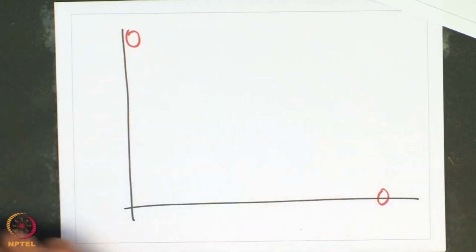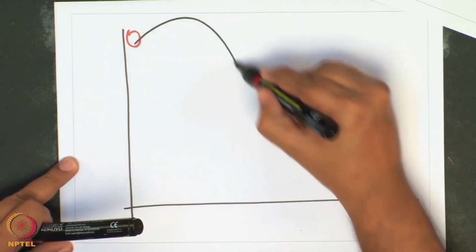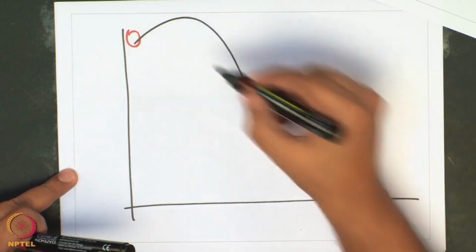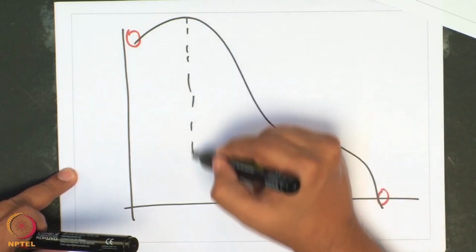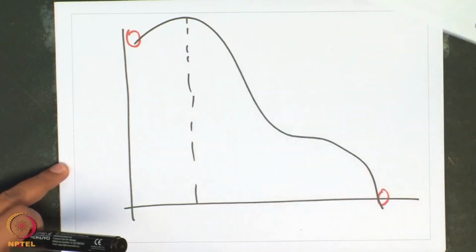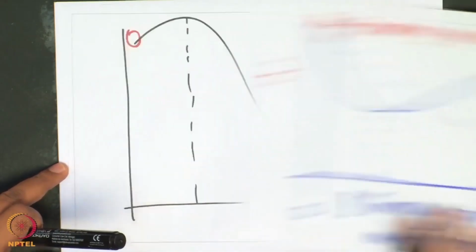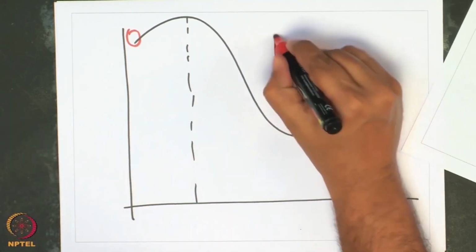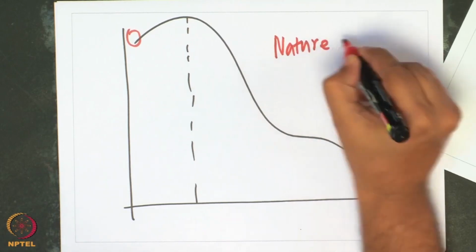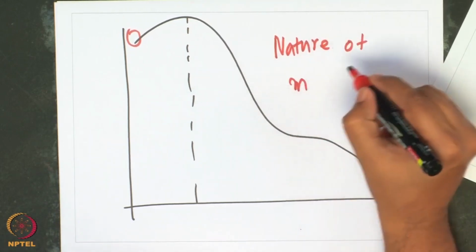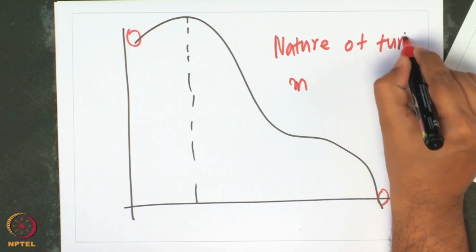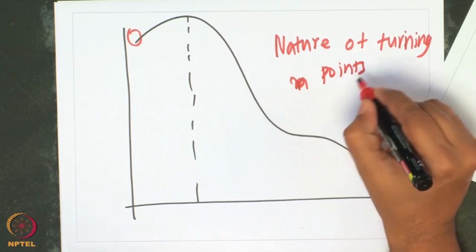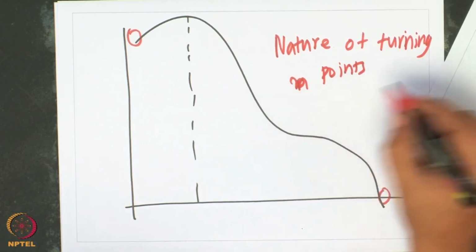Instead of like this, I might have the function like that. So, the turning point here is different from the turning point that we had drawn previously. So, we need the nature of the turning point, whether it is a maxima or minima, and the location of the turning points.